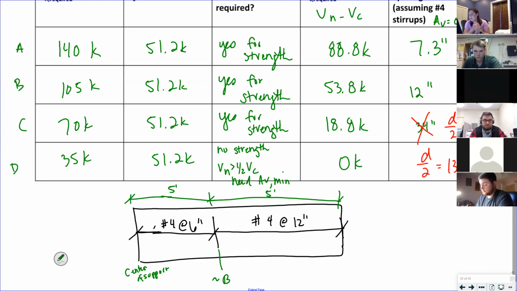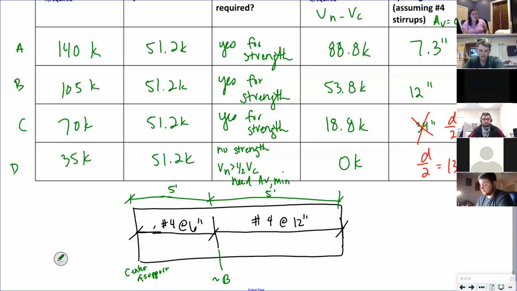So you'd be like, okay, I need 5 of them or 6 of them over this one length and 12 of them over the other length, or 13 because we're counting spaces, not bars. But that's why we do our shear moment diagrams.